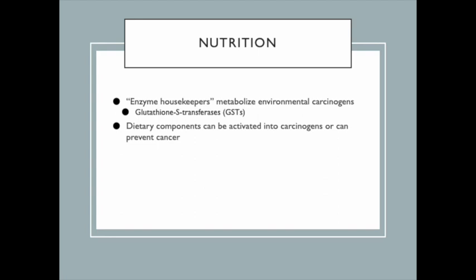Now, our patients that lack these enzymes may be at higher risk for cancers because of decreased capacity to dispose of activated carcinogens. Their reactive oxygen species and other enzyme housekeepers are not working well to help prevent cancers.